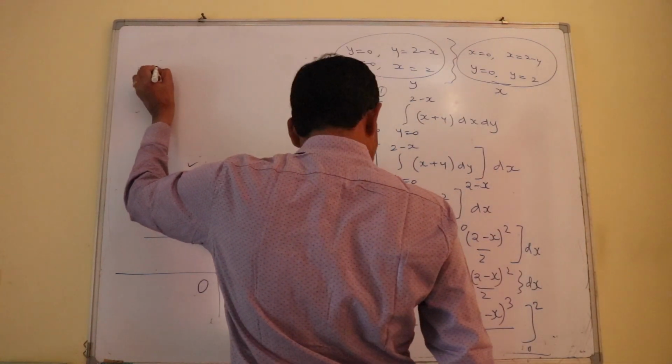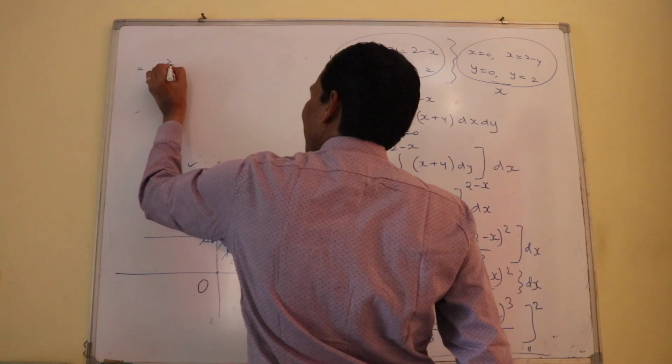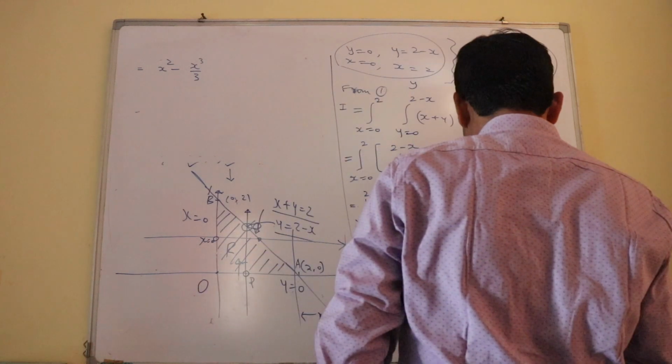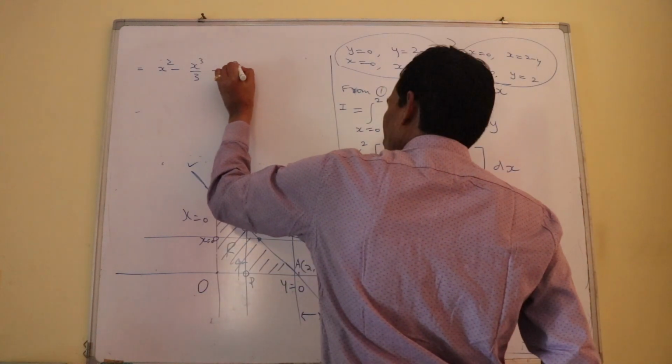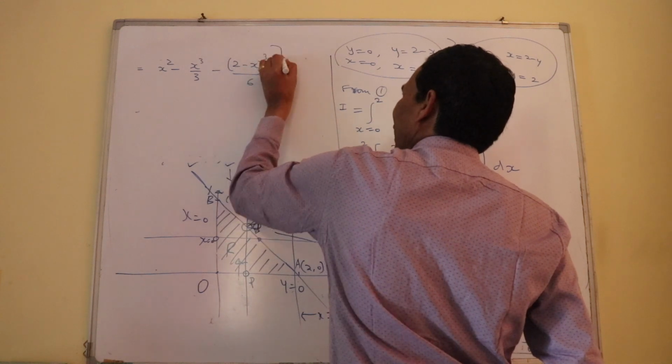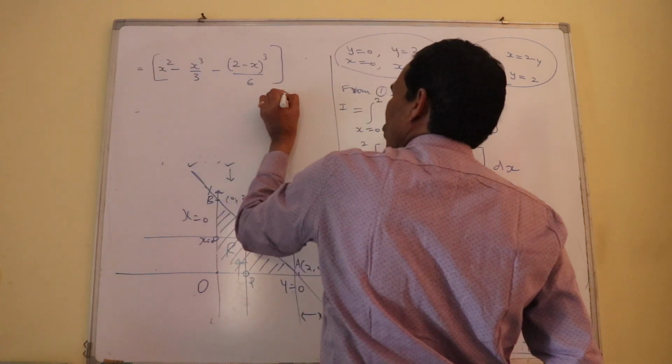So we get this as x square minus x cube by 3, x cube by 3 minus 2 minus x bracket cube divided by 6, and limits applied 0 to 2.